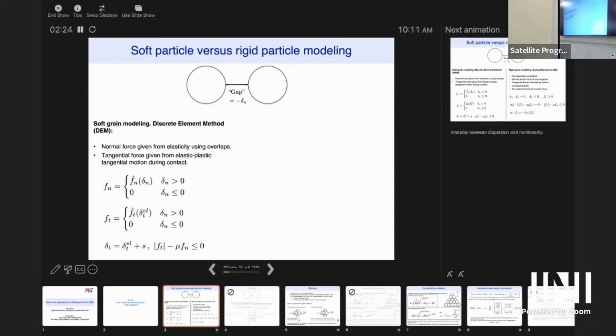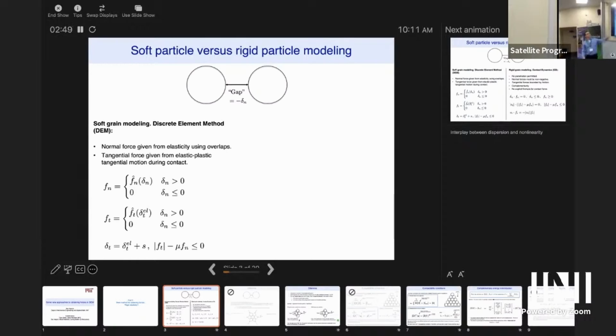So when you have a packing of particles and you need to figure out the force between them, you have a couple of ways that are typically done. I would say almost certainly the most common is what we call DEM, or the discrete element method. I'm just going to call it DEM for this presentation. It refers to the method where you treat the grains as soft objects.